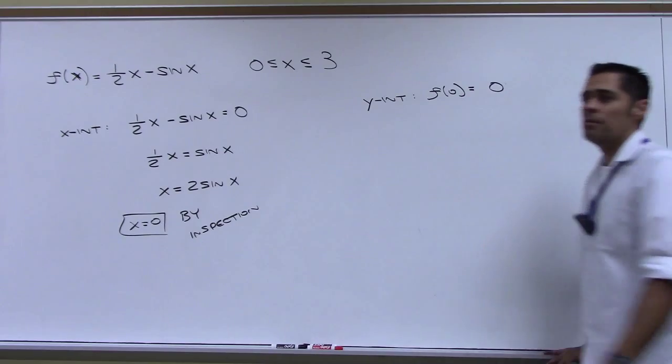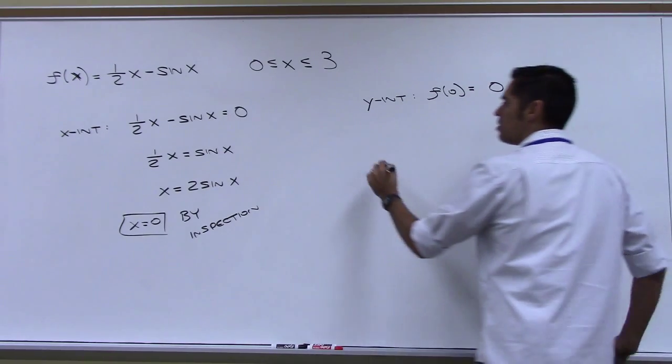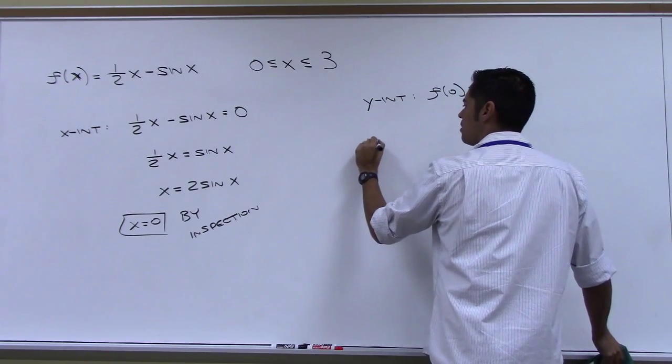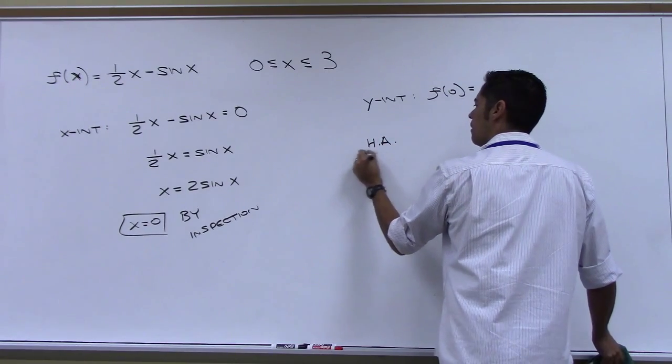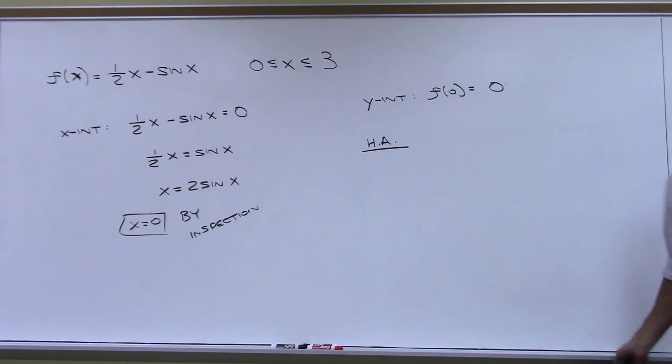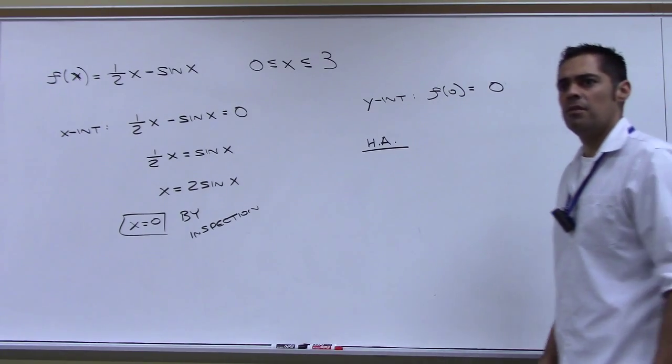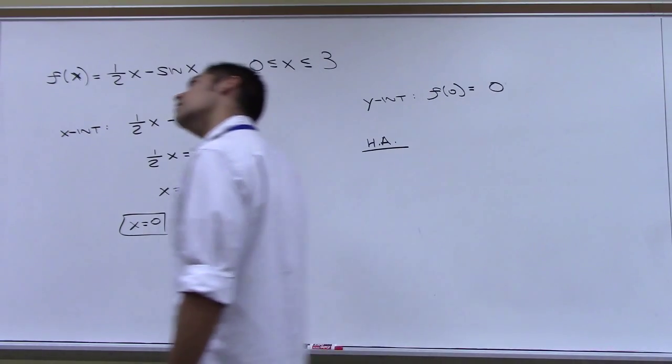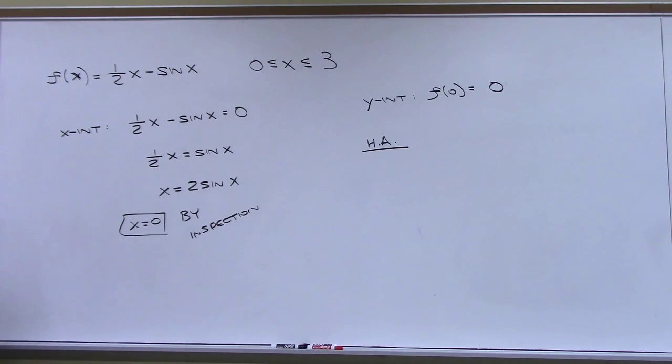How about asymptotes? Let's talk about horizontal asymptotes first. Don't you have to take the limit as x goes to infinity, negative infinity? Am I going to do that? No, why?